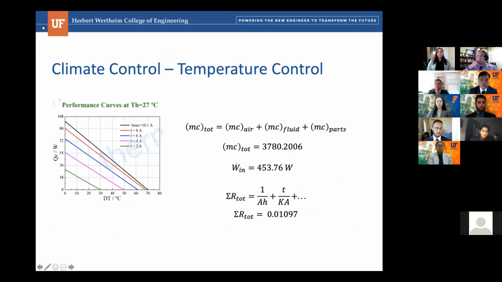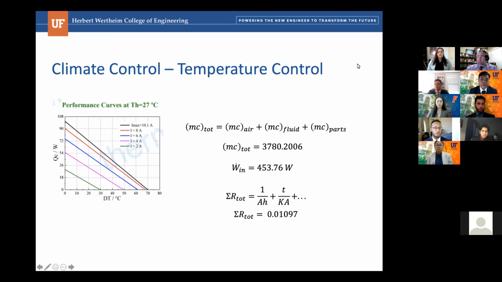However, that is not necessarily the case. And so after computing the different masses for air, fluid, and also the different parts within the system, as well as considering their specific heats, the total value is calculated as 3,700.